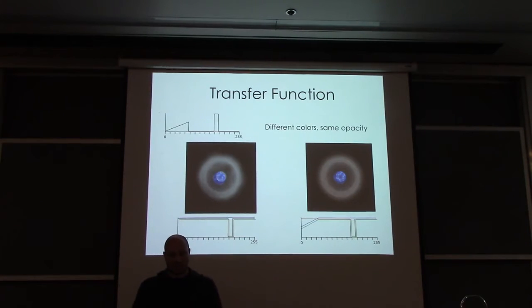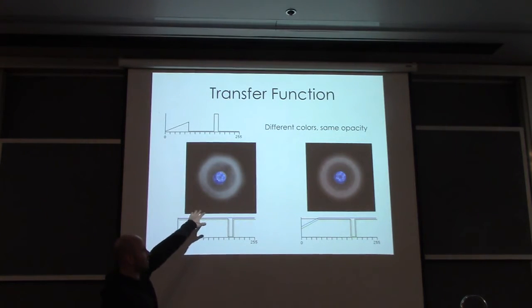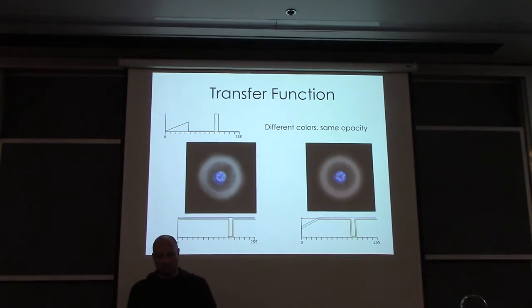This makes life quite a bit easier at the risk of sacrificing a little bit of flexibility in how you generate a 1D transfer function. But this is basically the idea of how you'd classify a synthetic spherical blob using a 1D transfer function.